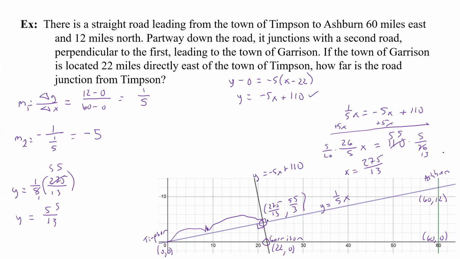Now we have to remember the formula to figure out the distance between 2 points. Our distance formula says it's going to be the square root of something squared plus something else squared. It's basically our change in y, y2 minus y1, squared, plus our change in x, x2 minus x1, squared.